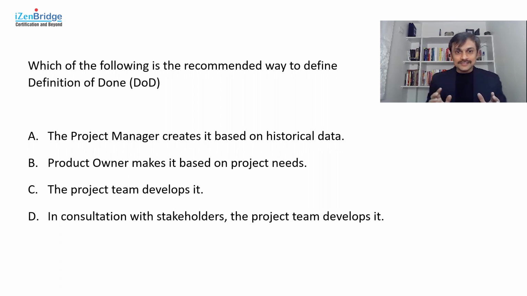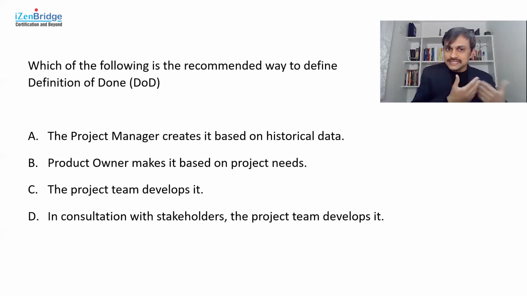Okay, so I believe this is a relatively easy question. Once you understand the concept of definition of done, you know what the purpose of it is, and in order to achieve that purpose, who should be defining it? So in general, we don't recommend the project manager defining something which is kind of defining the work of the team. So it has to be done by someone other than the project manager.